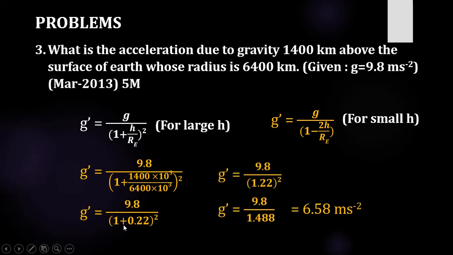Here it is 9.8 upon 1 plus the value of this is 0.22 whole square. 1 plus 0.22 whole square means it will be 1.488. So 9.8 upon 1.488 equal to 6.58 meter per second square.